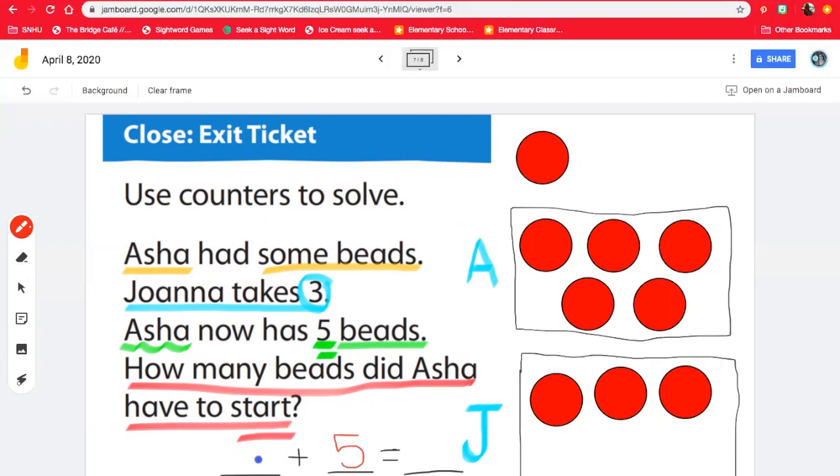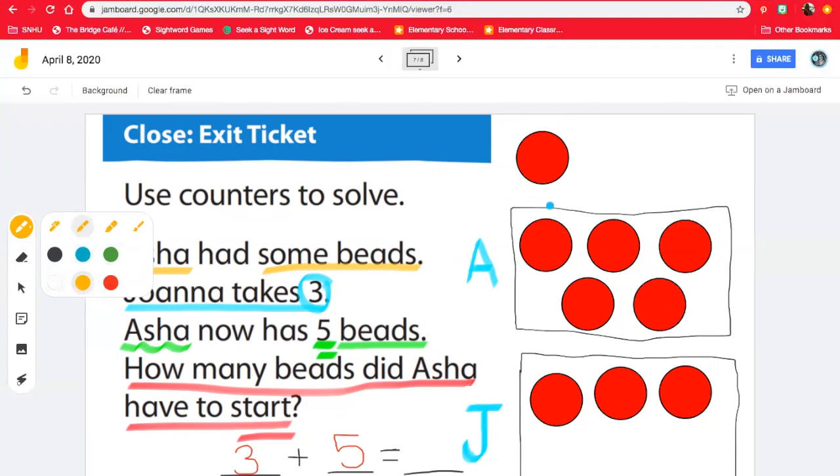Aisha does. So we need to figure out what plus 5. Well, Joanna took 3, so there's her 3. So if we're adding these together, we have the 3 that Joanna took plus the 5 that Aisha has now, and we need to count them to figure out the total.